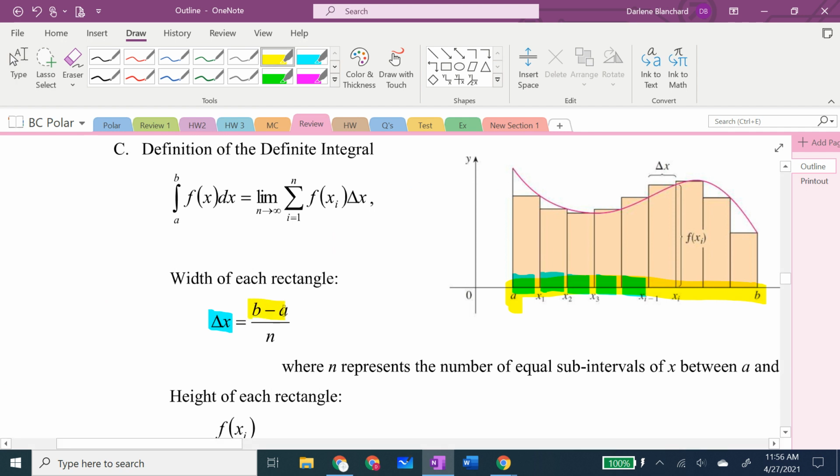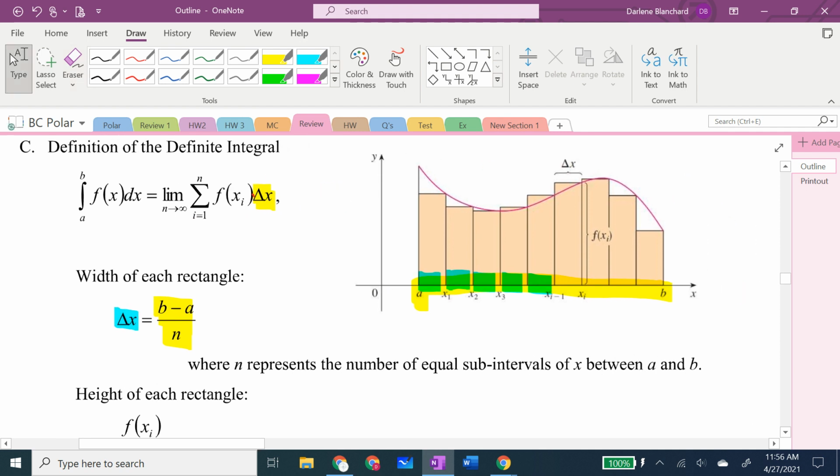Now, if that width is the same width for every single rectangle, then the multiplication of that delta x can be directly to the functions inside sigma, or it could even be multiplied outside of sigma. The variable of sigma follows which particular rectangle am I working with.